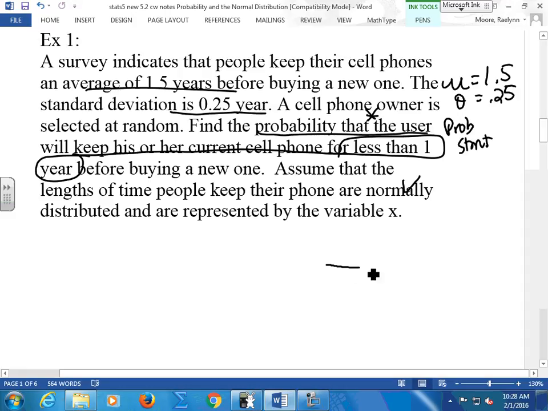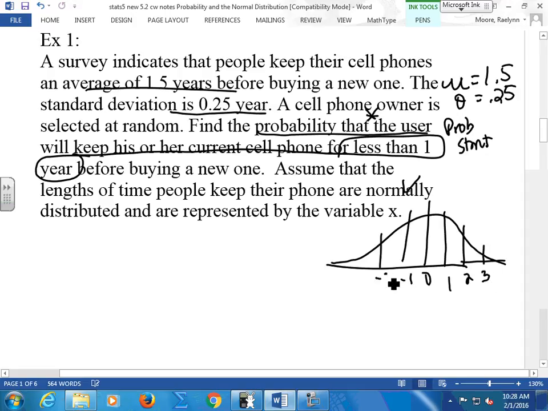Normally distributed means I'm using a standard normal curve here, and I have it set up like this. So I start with my probability statement. How do I write my probability statement? But not Z this time.